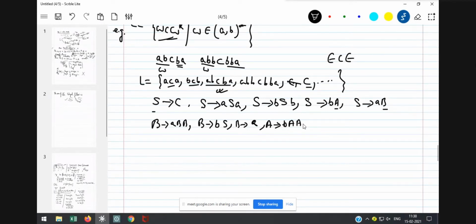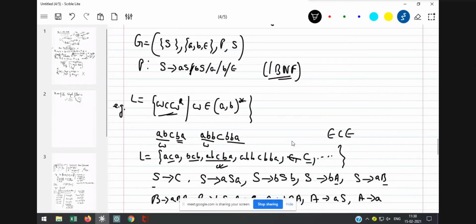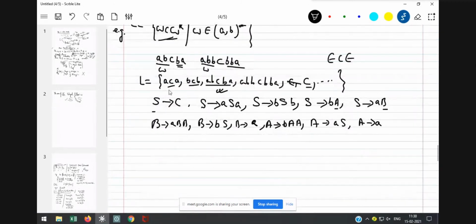Okay, now I don't know, I'm just using this. Let me just try to derive C from this particular production rule. Yes, I am able to derive C.